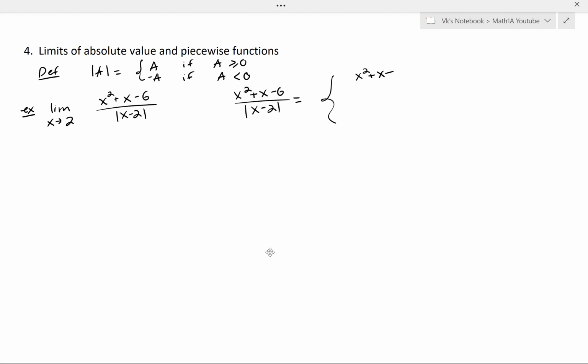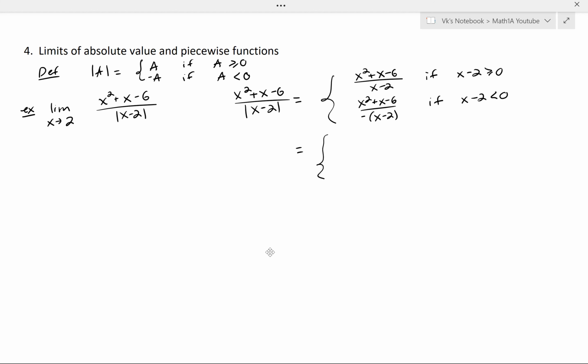X squared plus x minus 6 over x minus 2 if x minus 2 is greater than or equal to 0. X squared plus x minus 6 over minus x minus 2, that is the negative a, if x minus 2 is less than 0. Let's simplify this.